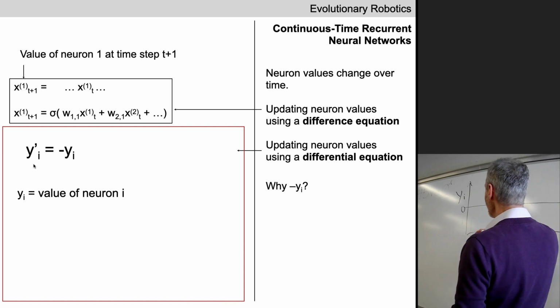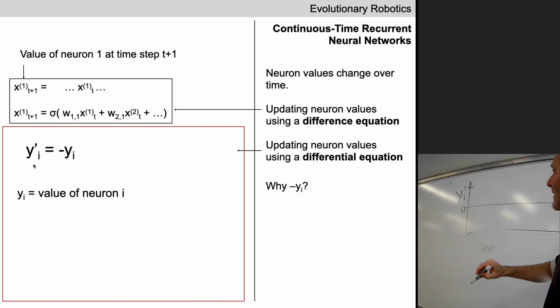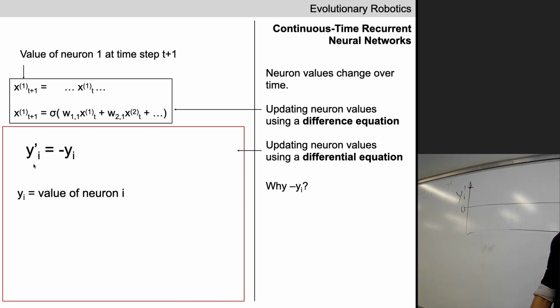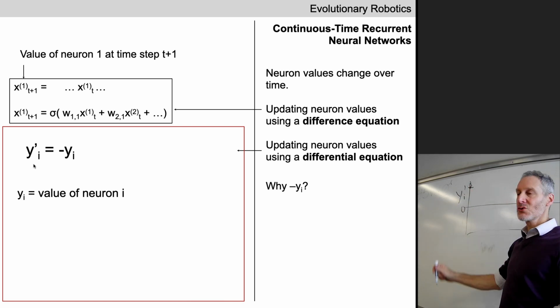So we need to set an initial value for our state variable. Let's start by setting that initial value of y sub i to 1, or plus 1. So the value of y sub i at time t0 is 1.